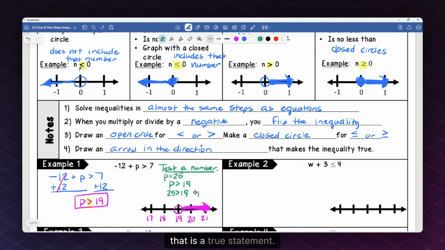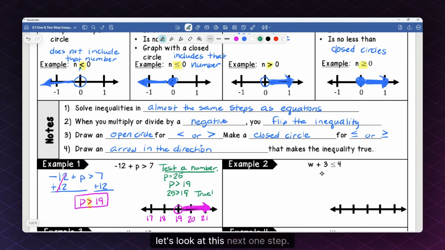And yeah, that is a true statement. And so we know that we've shaded in the correct direction because 25 is greater than 19. So that was two ways that we could look at how to shade it. First, I picked 0, which was not in the correct direction, and it gave us a false statement. And then I picked one that was on the true side. And so that showed us that that was the side to shade.